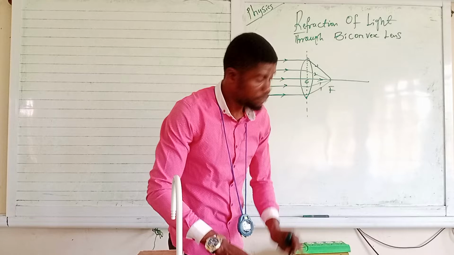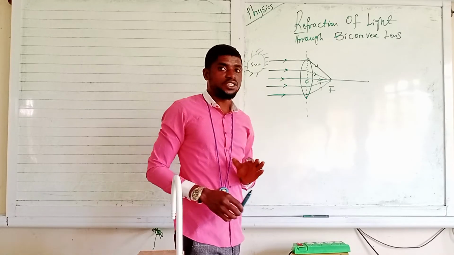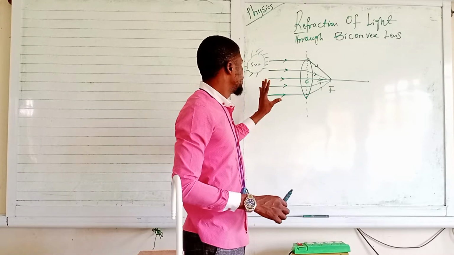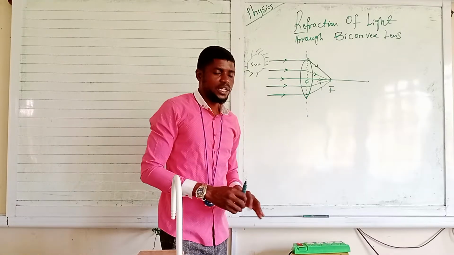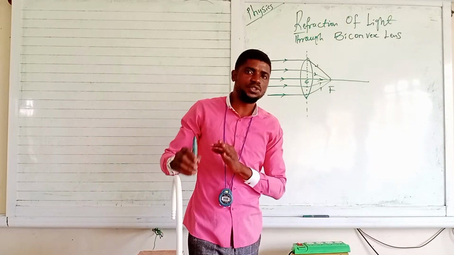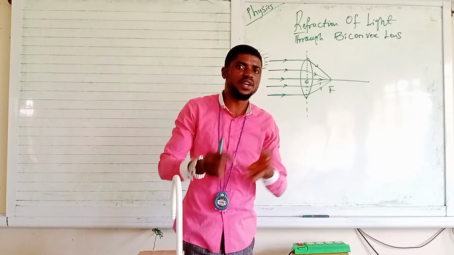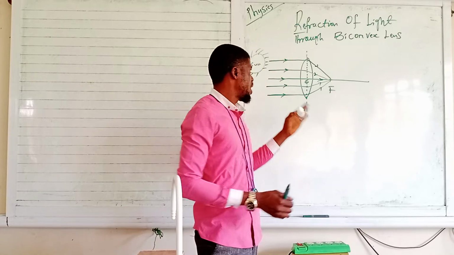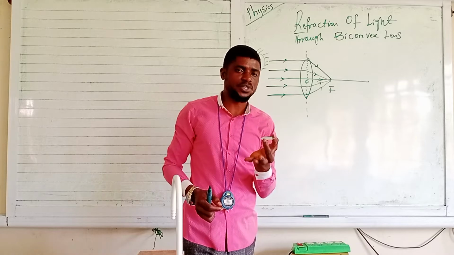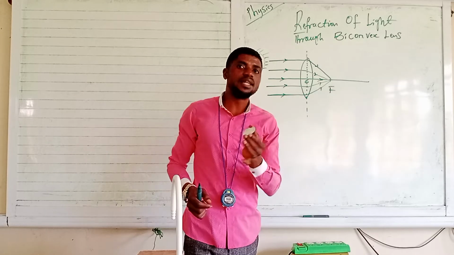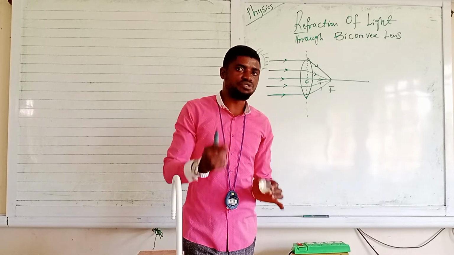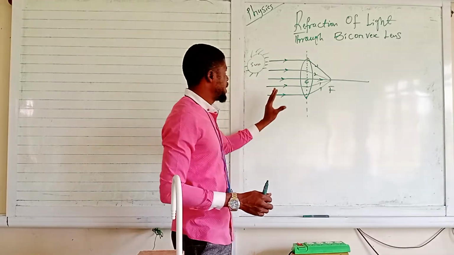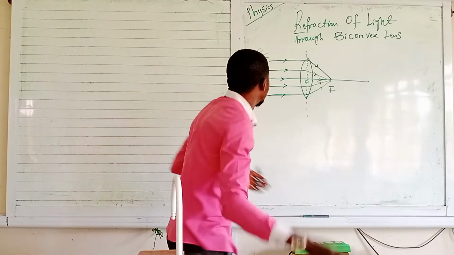So let's move on. The next line of action in this video is the geometry of this guy. Just like we did in the other video where I gave you the rules governing ray diagrams concerning the concave mirror, we also have the rules governing the ray diagrams concerning the biconvex lens. The rules are just three. I will state them pictorially.